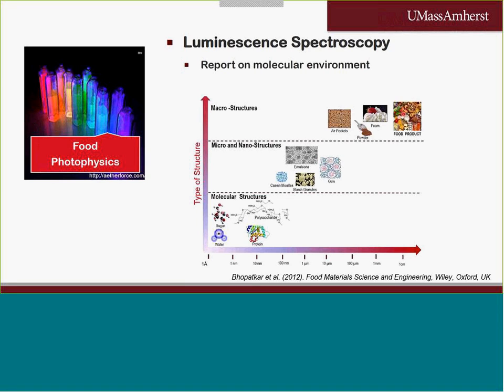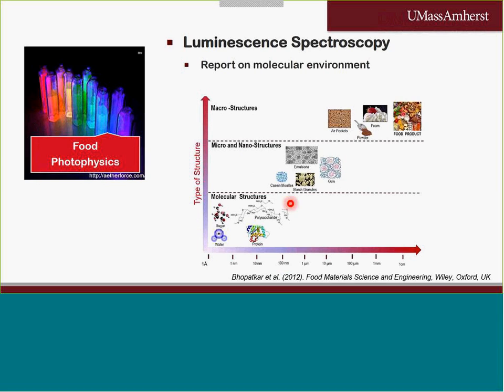When we are considering analytical techniques, we have been extremely efficient at developing strategies that permit us to access the macrostructure and bioproperties of foods. Also, developing strategies that allow us to figure out what happens at the micro and nanostructural level.